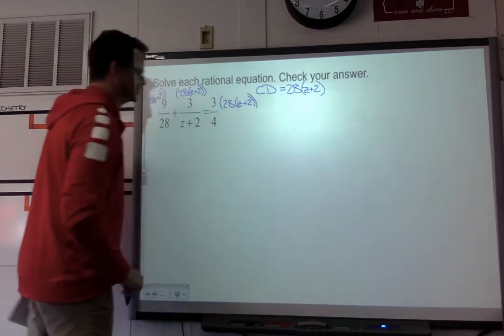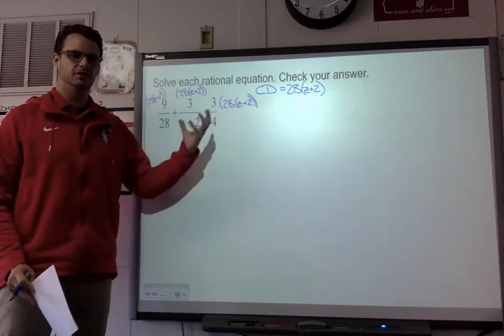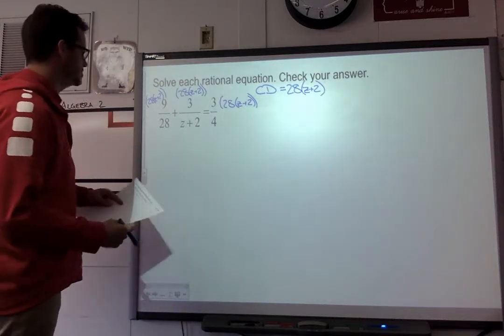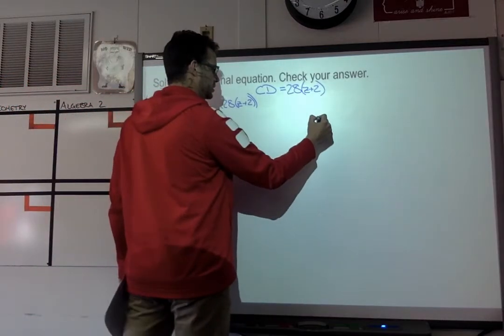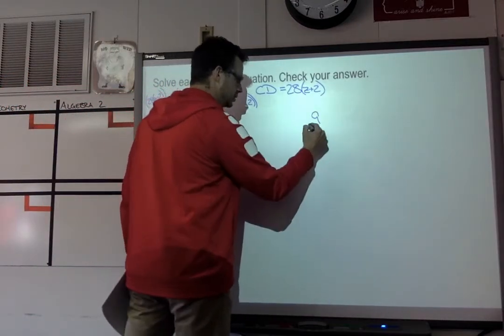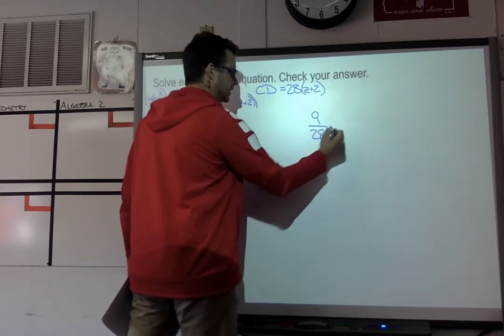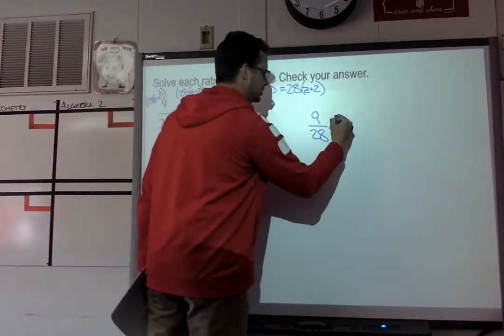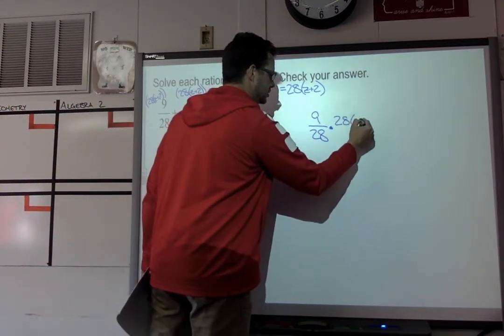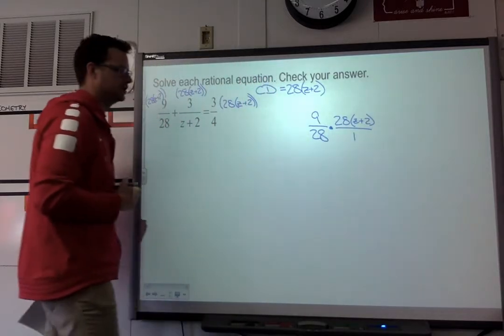Now, this one, I'm going to take a little bit longer and really go step by step here to make sure you guys are understanding what I'm doing. So if I take 9 over 28, what I'm doing is multiplying it by 28 times z plus 2 over 1.